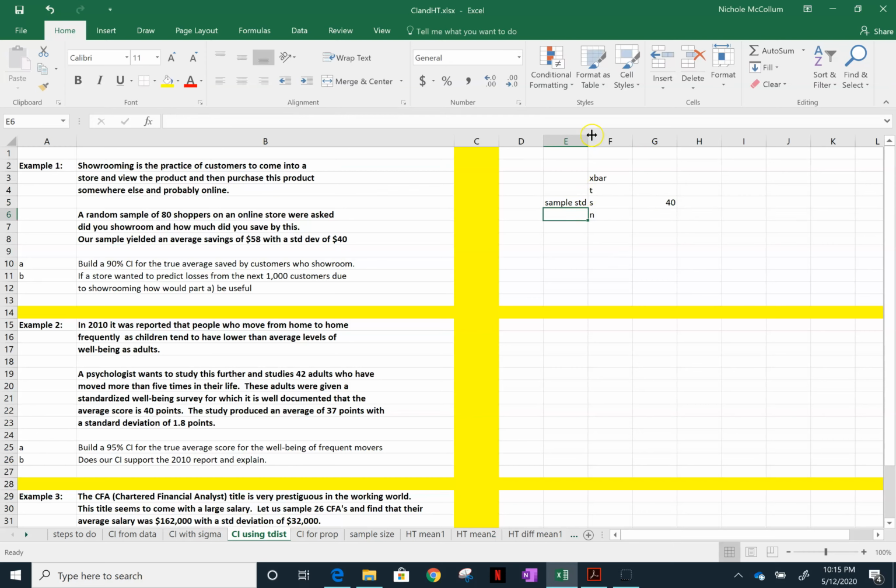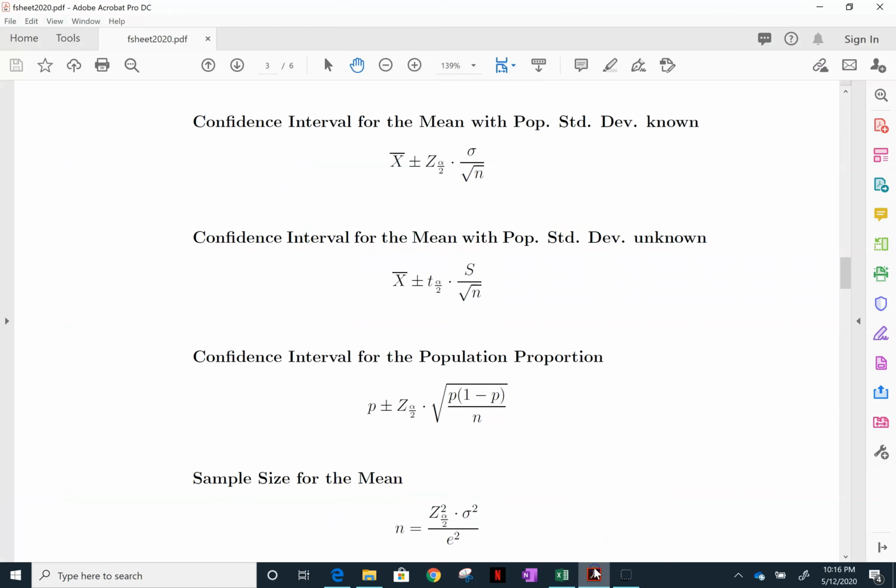I can't tell you enough how important it is to know your alphabet. You have to know what each letter stands for. You have to know what N stands for by now, and that is your sample size. If you do not know what each letter stands for, you have to take a moment and really dig into this alphabet. You might have to make a little cheat sheet of the alphabet. How do you know which letters to care about?